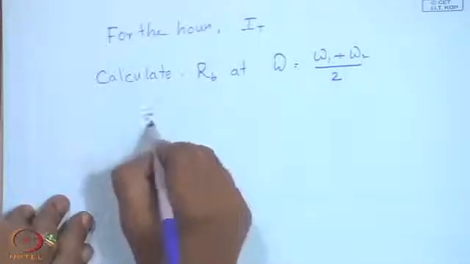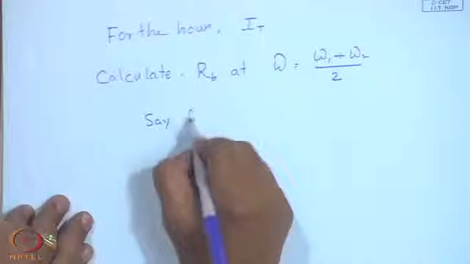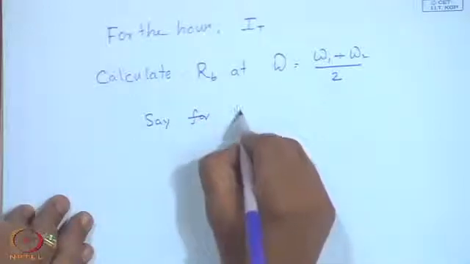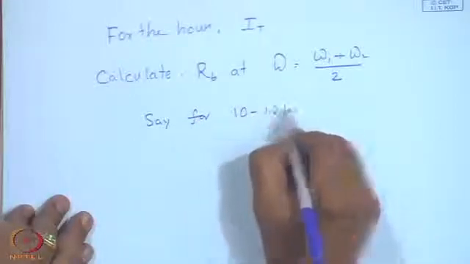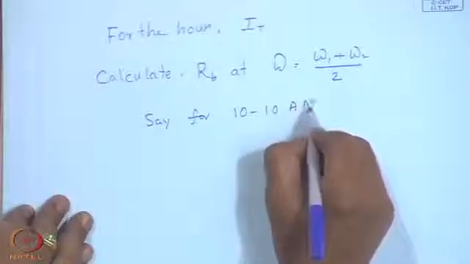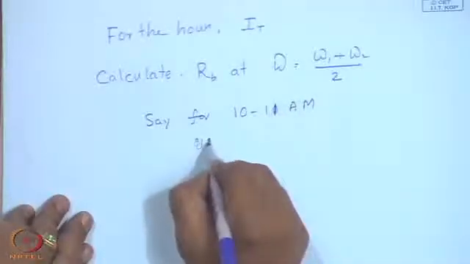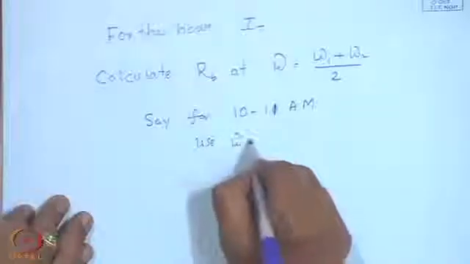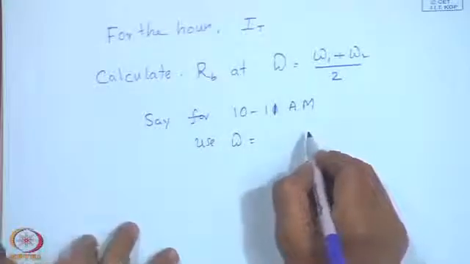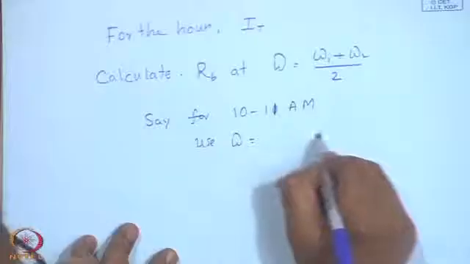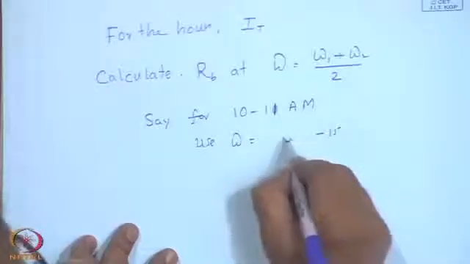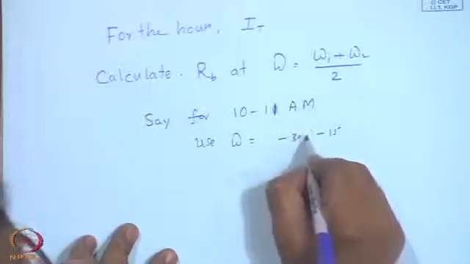that is, say, for 10 to 11, use omega equal to... how much will it be? This is minus 15 minus 30.